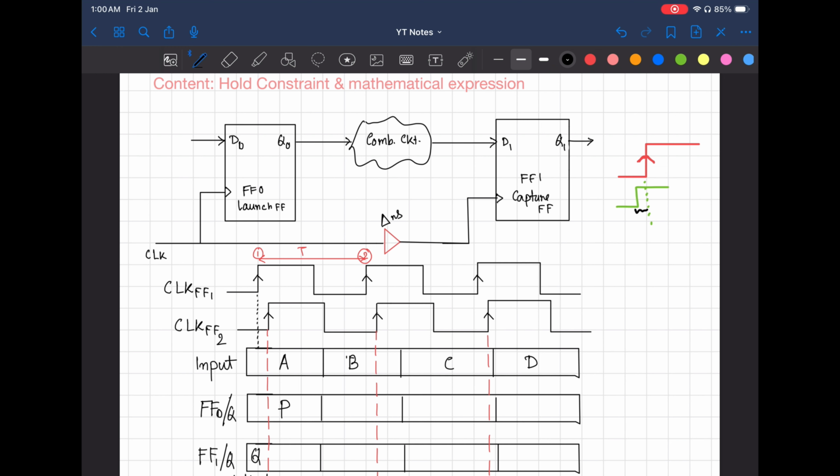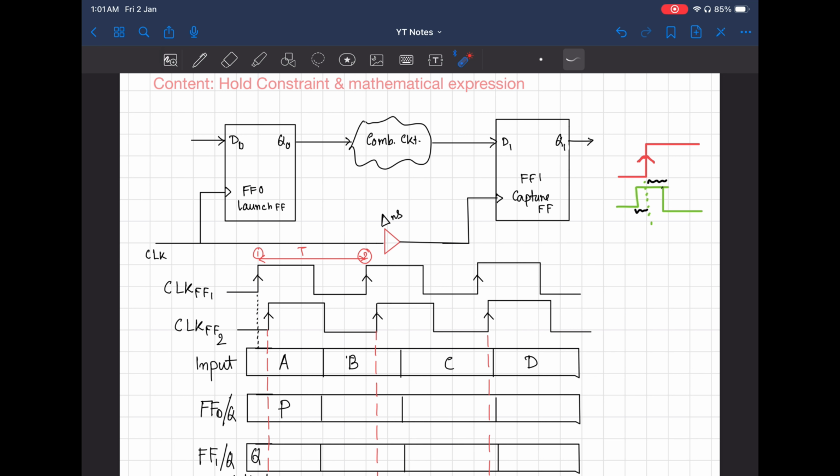But in hold time also, the data should remain valid for some time after the particular clock edge. So this is the setup and hold window, and this is a very basic definition. With this definition, you will not understand how the hold violation actually works.